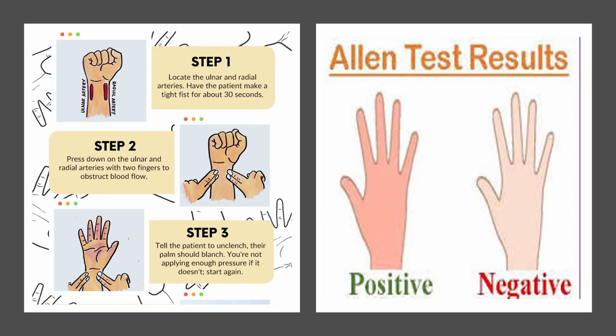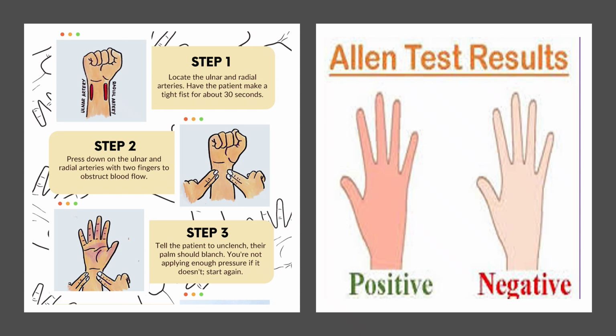Because think about it, when we place that arterial line, there's going to be a catheter that is going to be placed into that radial artery that is going to be partially occluding the vessel. And a patient may have pre-existing conditions such as peripheral artery disease that could cause severe ischemia to occur if we were to place that arterial line in that radial artery.